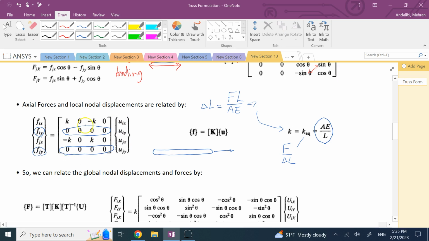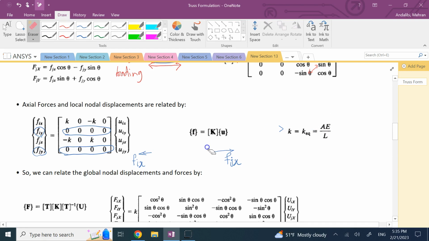But what about the x's? Well, here, this is your two-force member, and this is Fi and small x, and this is Fj and small x. So this is node i, this is node j, right? And you say that this member is equivalent to a spring. So instead of this, I can replace it by what?